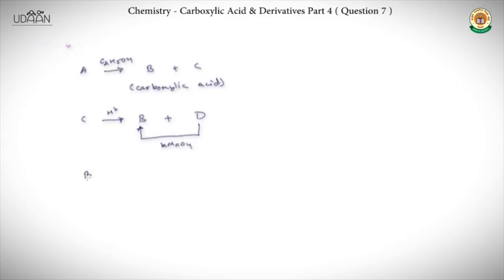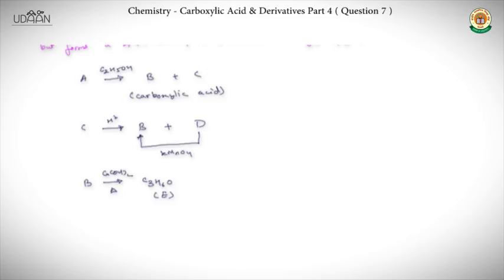Finally, B with calcium hydroxide on heating gives C3H6O, that is E.